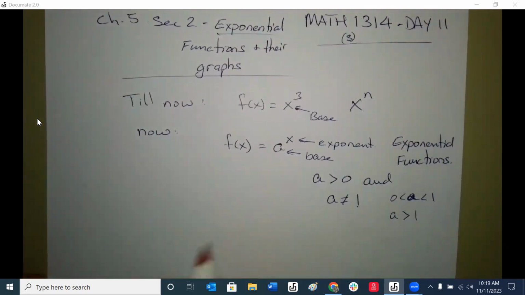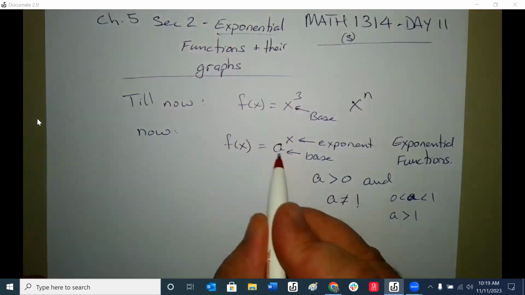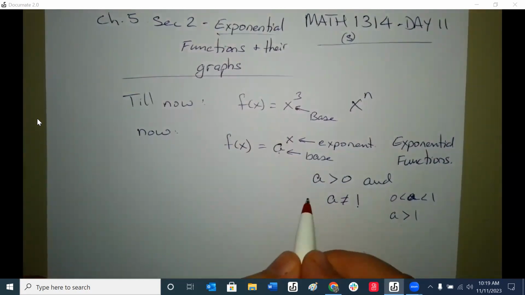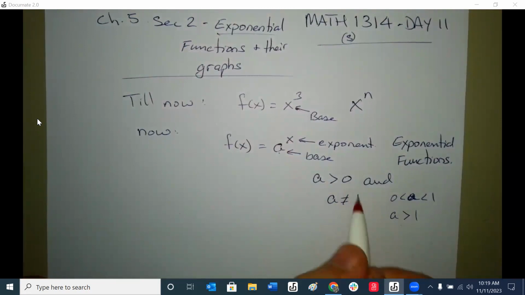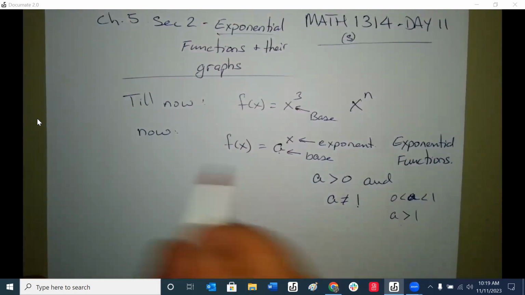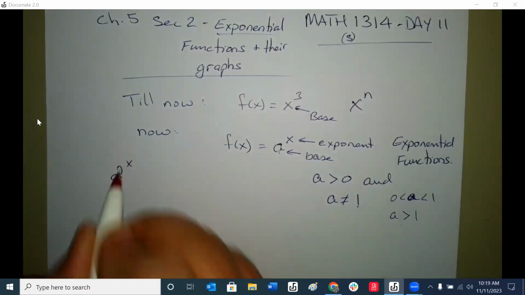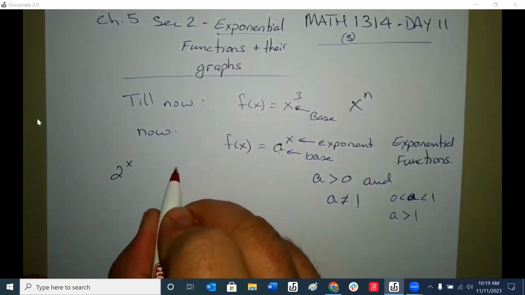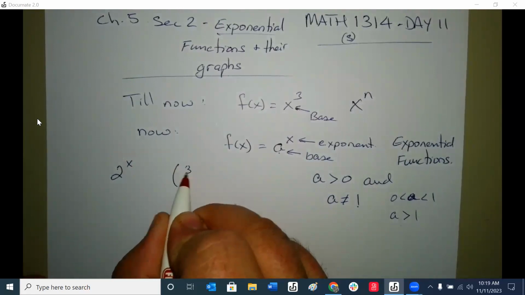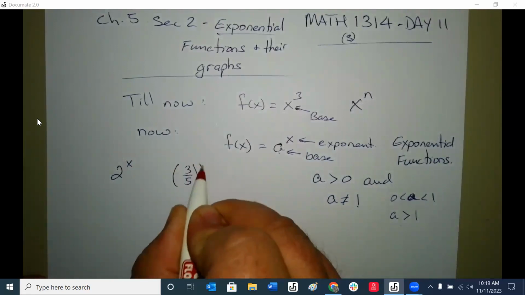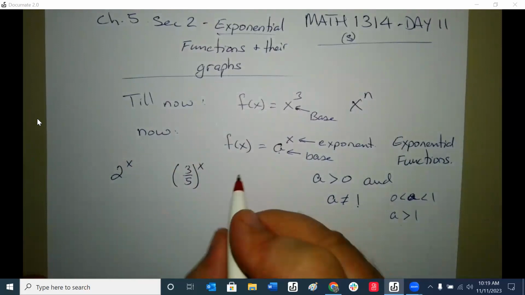So here are some examples of what I mean by exponentials. So again, the base cannot be 0. It has to be greater than 0, and it cannot equal 1. So for example, that's an example. That's an example.